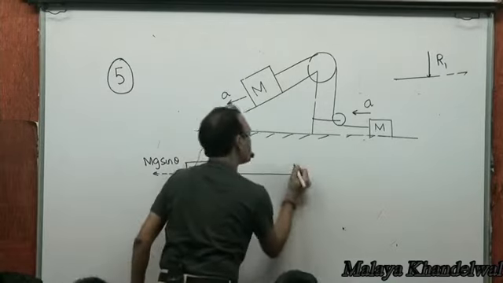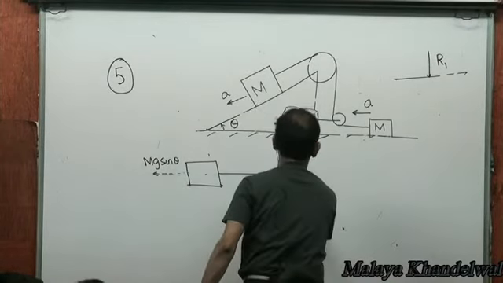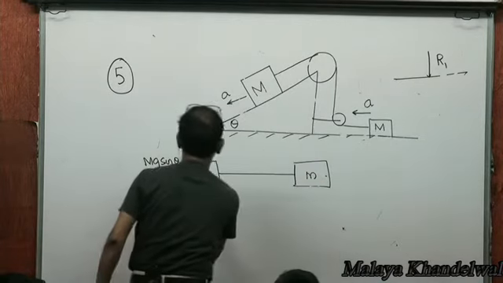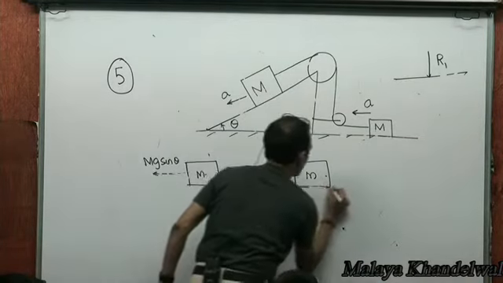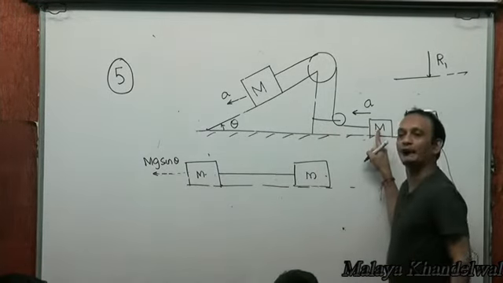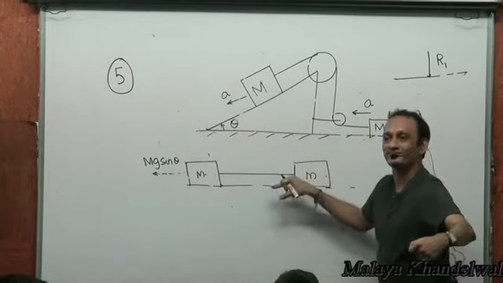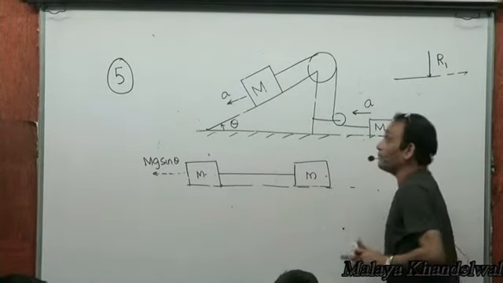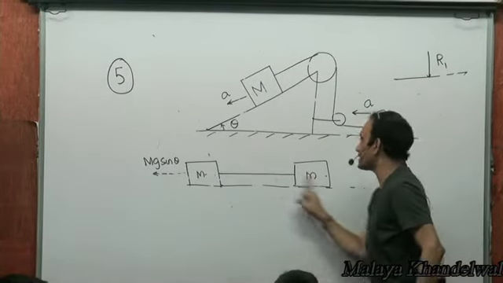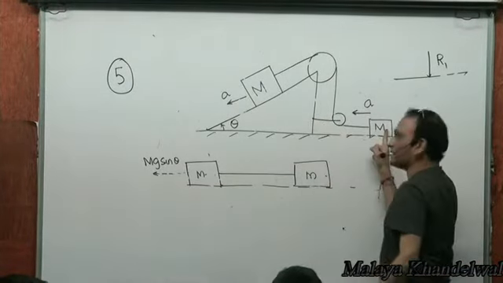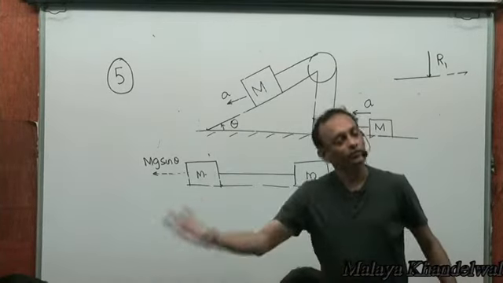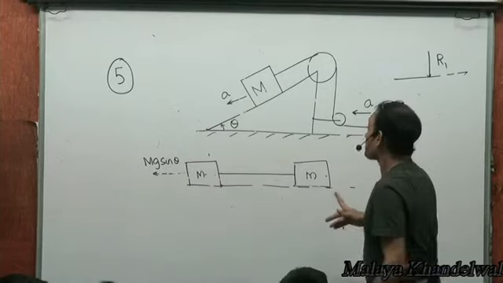And there is this string, no matter what, it passes over a pulley, but eventually gets connected to the mass capital M. Now, this is the free body diagram of small m and capital M together along with the string. In which case, I'm bypassing what the string is doing, because the tensions in the string would be internal and will not seek any representation, right?